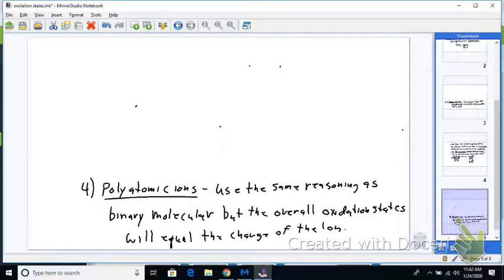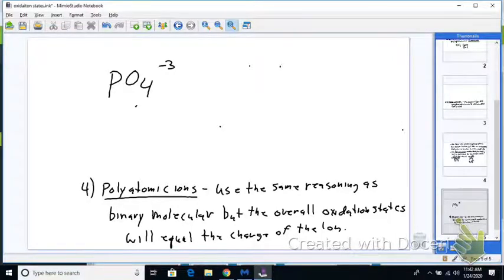Instead of equaling 0, it's going to equal the charge. So I'm going to put phosphate up here. It has a -3 charge. So instead of adding everything up to be 0, like binary molecular, this one's going to equal the charge.